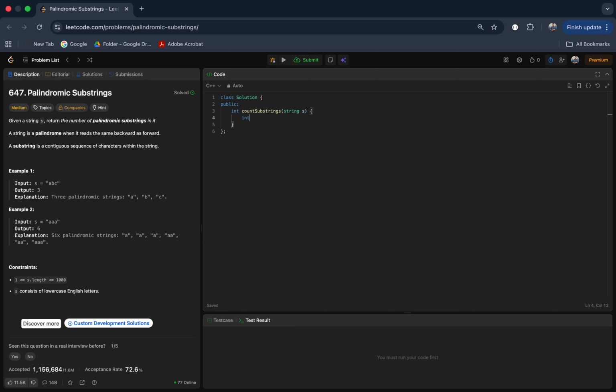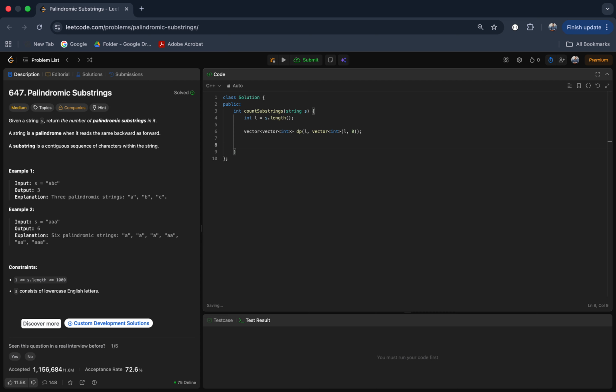I need to make my dp first. So s dot length, then we have our vector of vector int dp of size l, then vector of int of size l, and I am initializing this with 0.